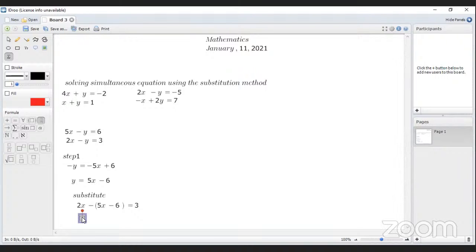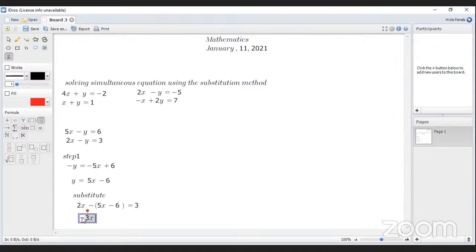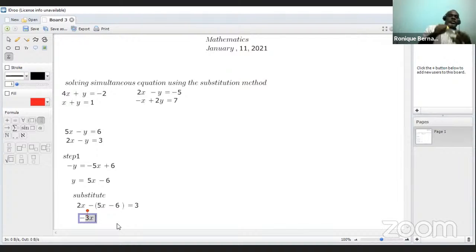To solve an equation in one variable, you'd have 2x or negative 3x. Okay, negative 3x. Explain how you got negative 3x.